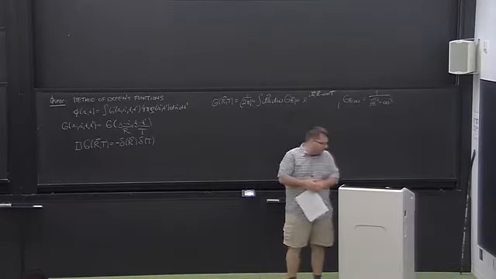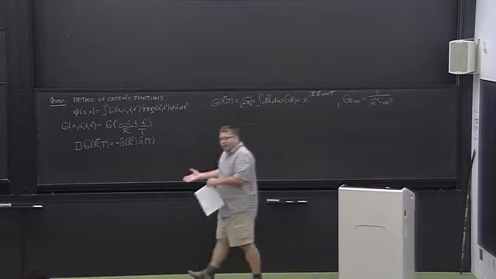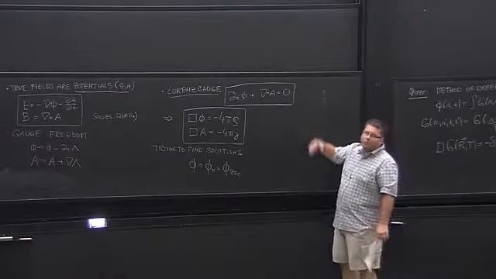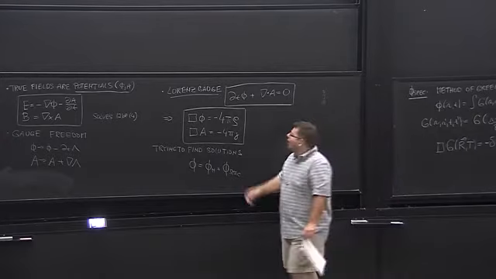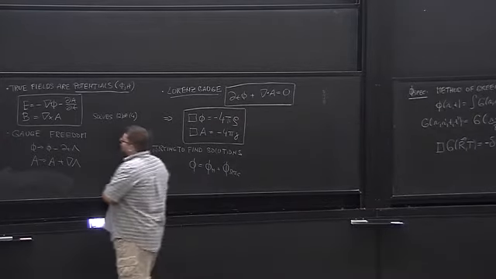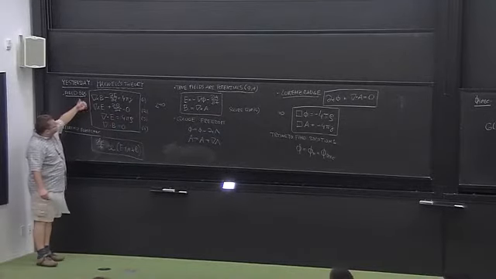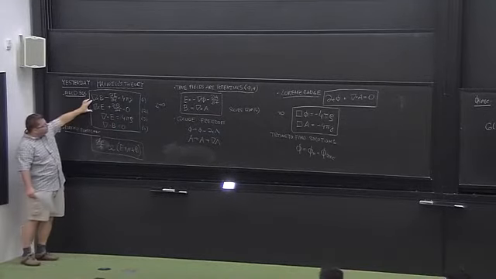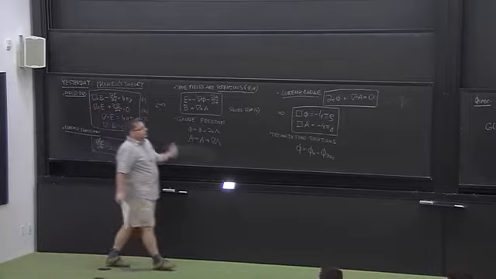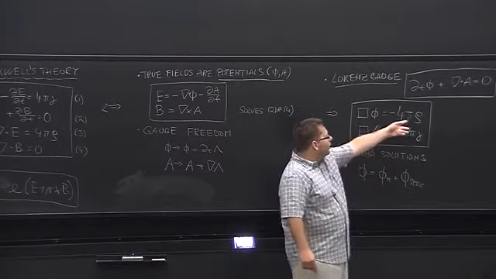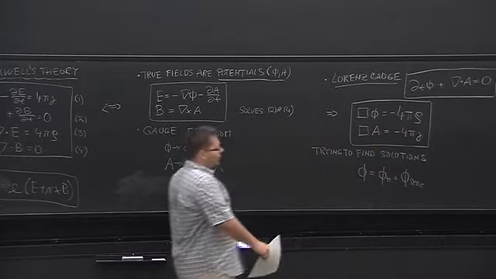And various gauges are good for various things. So depending on the kind of problem you want to solve, you may impose other gauges as well. But this gauge allows me to rewrite the remaining 2 source equations, Maxwell equations with sources 1 and 3, as a wave equation. So you have this box operator acting on phi or A, and then you have the sources on the right-hand side.